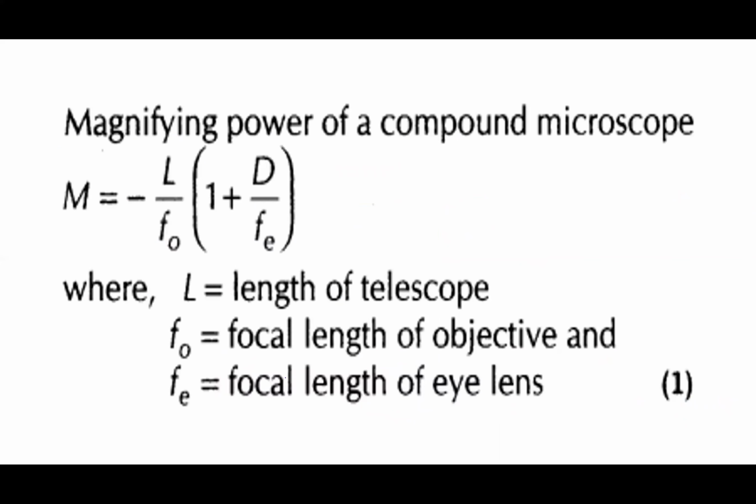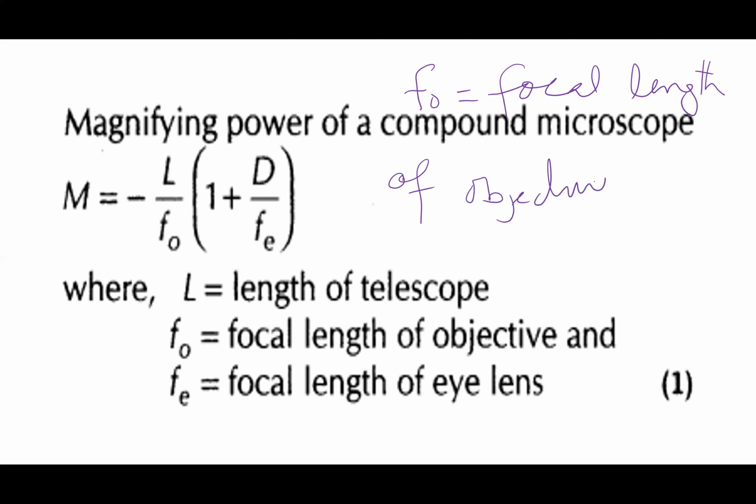The magnifying power of a compound microscope is equal to L divided by fo, multiplied by 1 plus d divided by fe, where fo is the focal length of the objective lens, and fe is the focal length of the eyepiece.